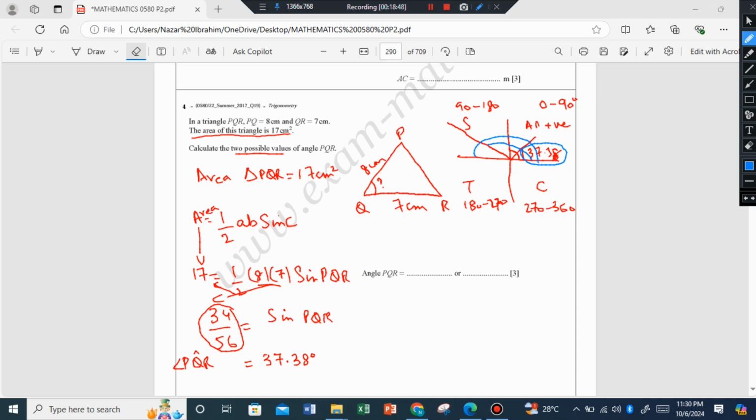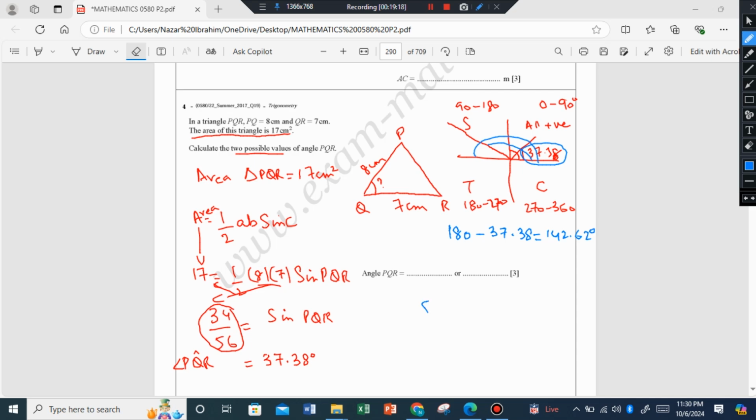So 180 minus 37.38, I will subtract this and I will get 142.62.